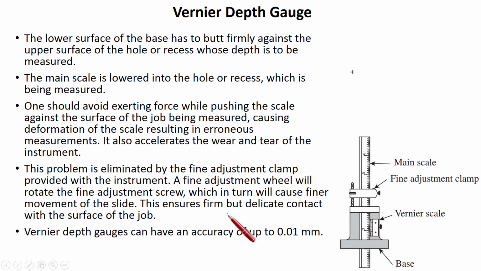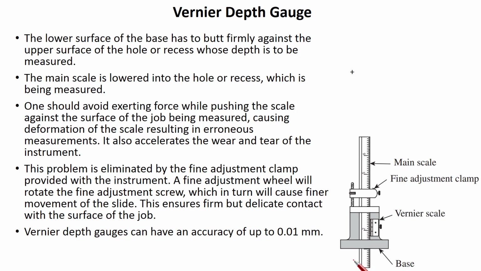Clear? That is one point which we have to remember. And here we require a fine adjustment clamp. Why? Because we don't want this scale to be pressed against the bottom of the surface where we are measuring the depth, because there is a chance of wear and tear of this scale. The fine adjustment clamp is used to lower the main scale with very small increments.